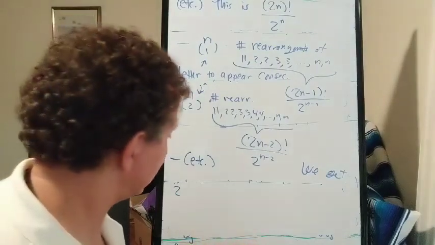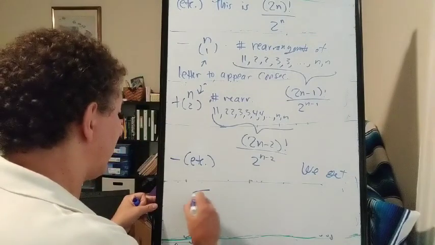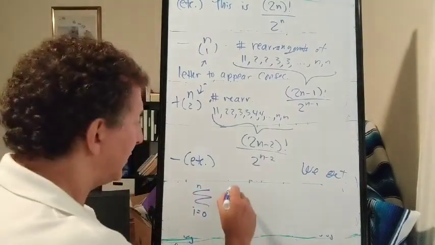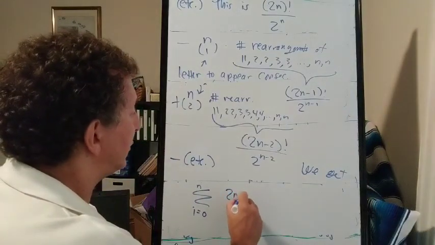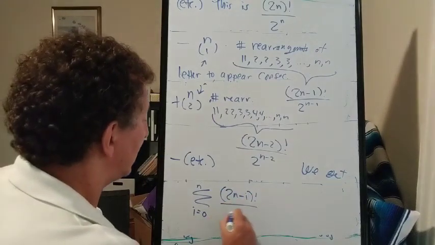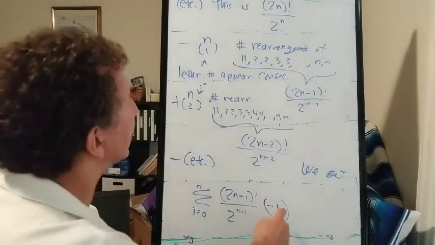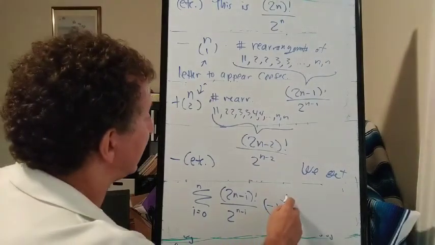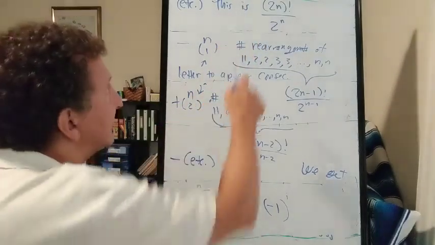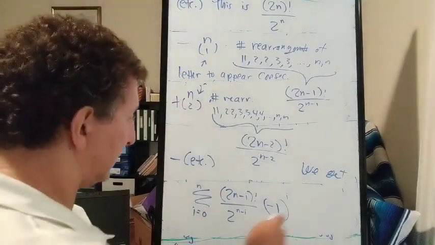So we've got a sum as i goes from 0 to n, 2n minus i factorial over 2 to the n minus i, and the sign is negative 1 to the i. The 0th power gets a plus: when i is 0 we've got plus, when i is 1 we've got minus, when i is 2 we've got plus.